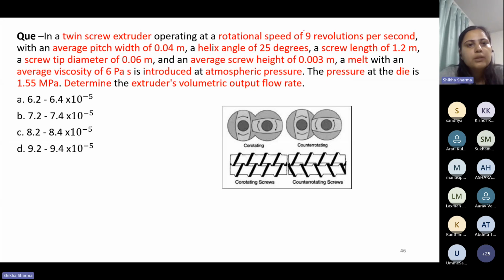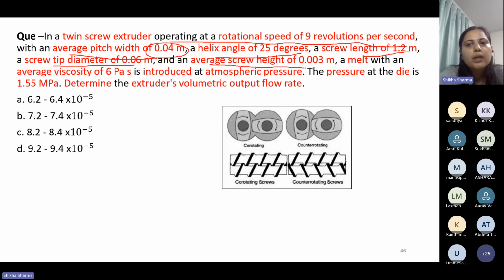So what is happening in the twin screw extruder? We have a rotation speed of 9 revolutions per second. Average pitch width 0.04 meter. Helical angle is 25 degrees. Screw length 1.2 meters. Screw tip diameter is 0.06 meters.